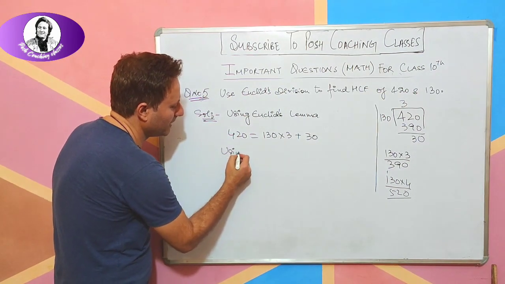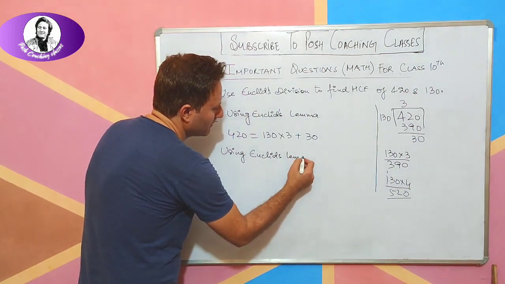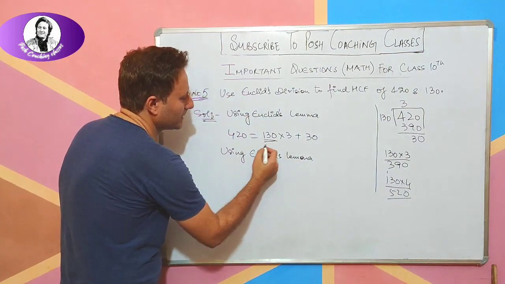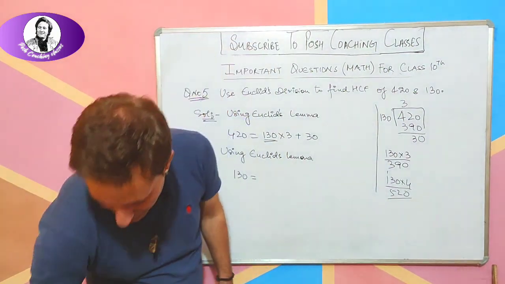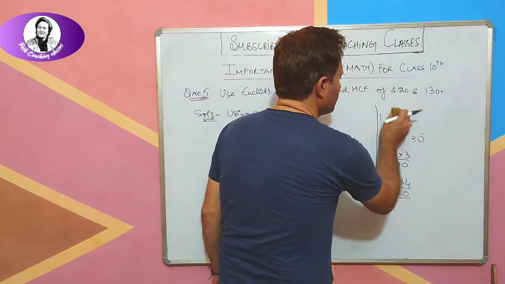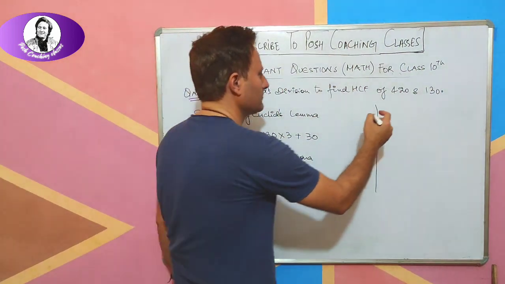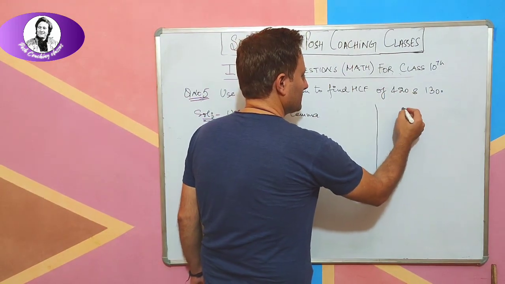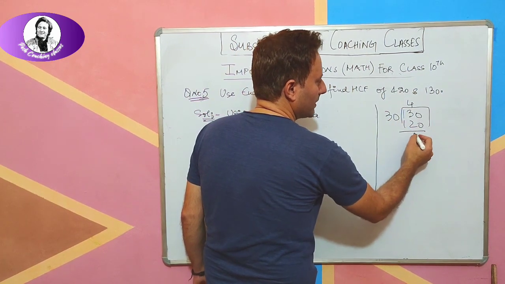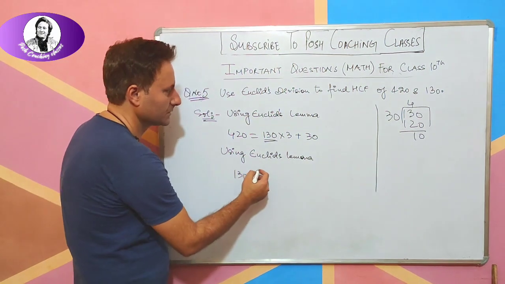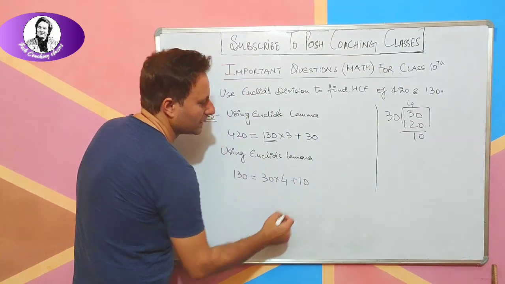Then the second step, again using Euclid's lemma, we'll take this 130. 34 is of 120, and now what is left? 10. So it becomes 30 into 4 plus 10.